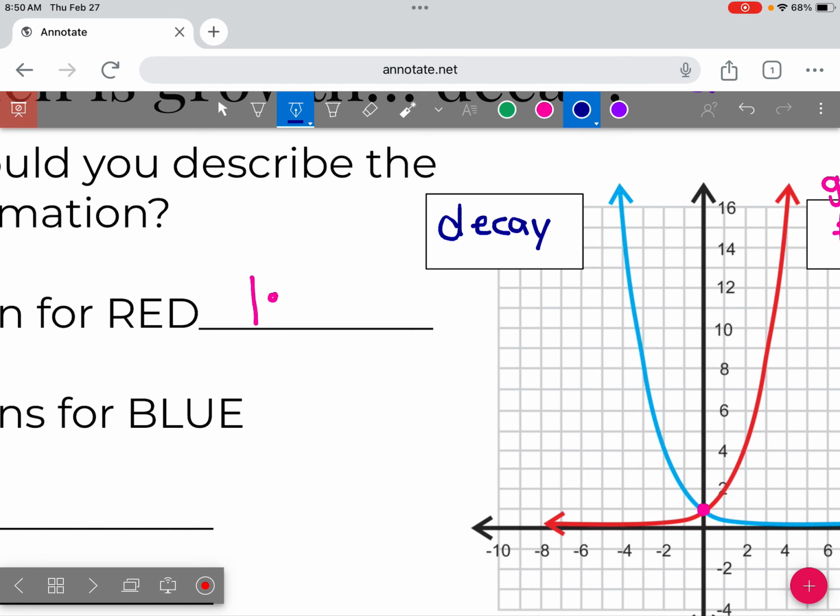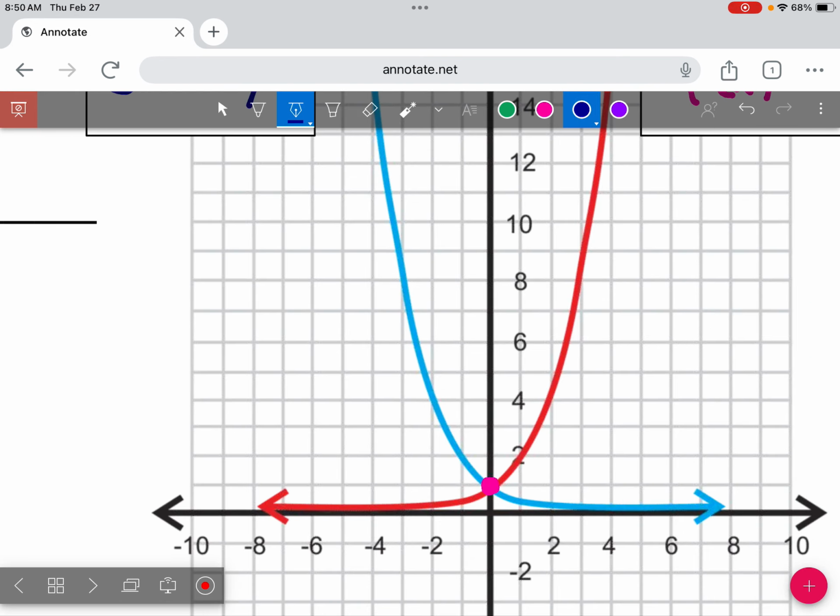To figure out how it's changing, I'm going to look at the next couple of points. If I start at 1, what do I need to multiply it by to get to 2? 1 times what is 2? 1 times 2. 2 times what gives me 4? 2. 4 times what gives me 8? 2.